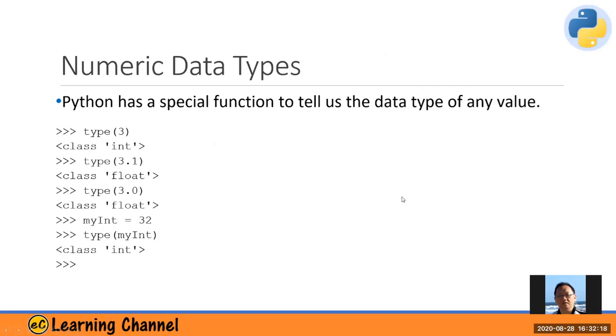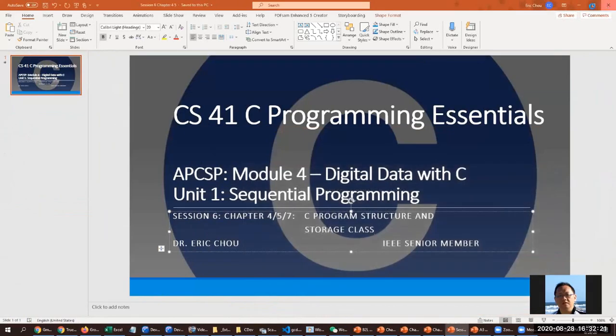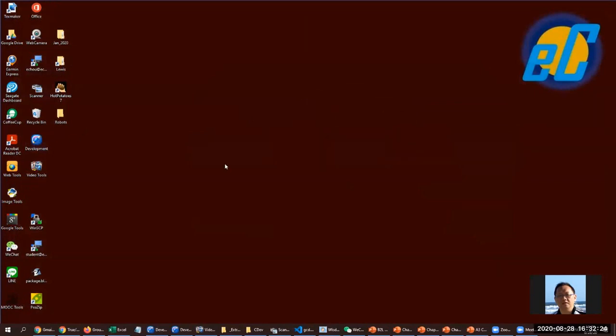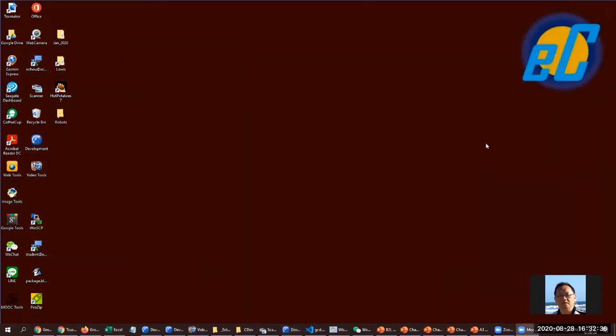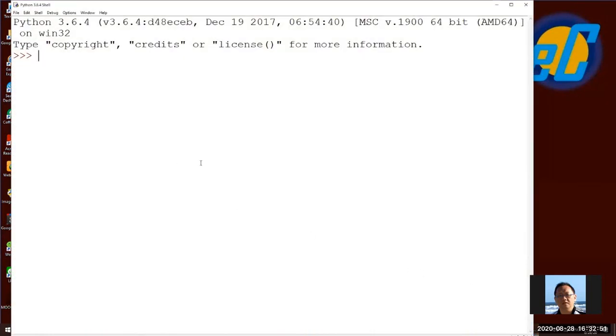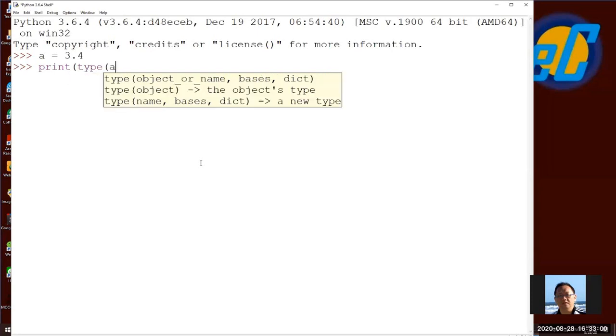Okay, so let's see this on the computer. Open up IDLE. Let's say a equals 3.4, and then we print the type of a.